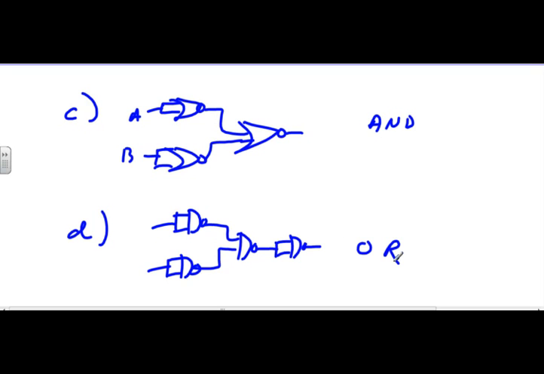All right, 35. Simplify and leave it in the product of sums expression. Let's see. Identify each of the following Boolean equations as a product of sums or a sum of products. Okay, so we're using semantics here. Product of sums.